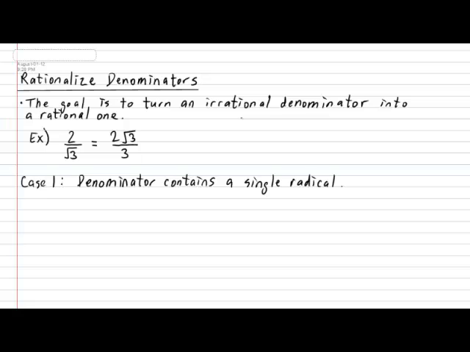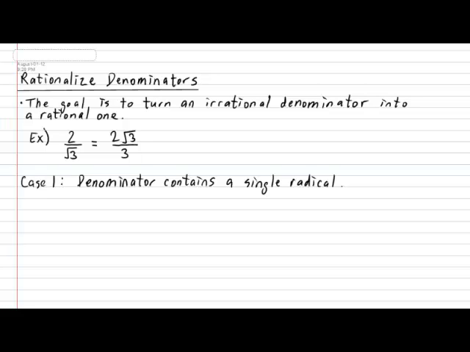So what's the easiest way to turn that single radical into something that has no irrational? Well, if you think carefully about it, the easiest way to get rid of it is to square it. Or, in other words, multiply by itself. Because when you square a square root, you effectively cancel out the square root.